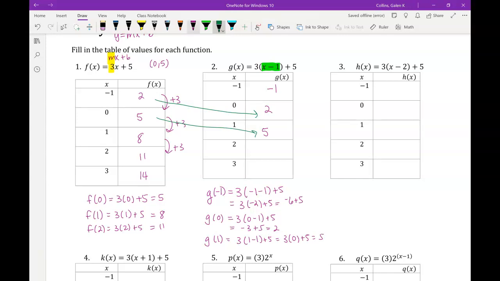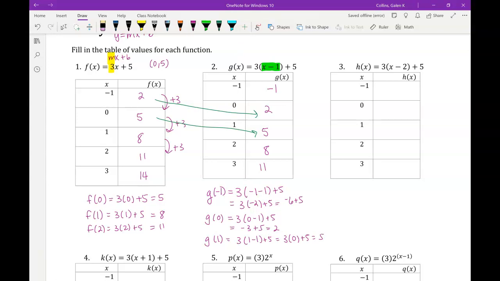And it is true that this pattern will continue, so I'll get 8 and 11, and we could prove that by continuing to evaluate g. But here's what I want to point out. This is not exactly in slope-intercept form, so let me take that back.